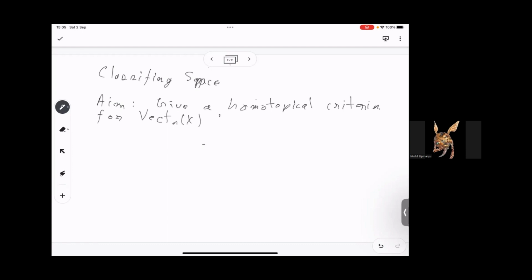Now we are asking, can we directly do it for X? So that's the aim. And so we'll start by preparing for the main statement. So first is a lemma.